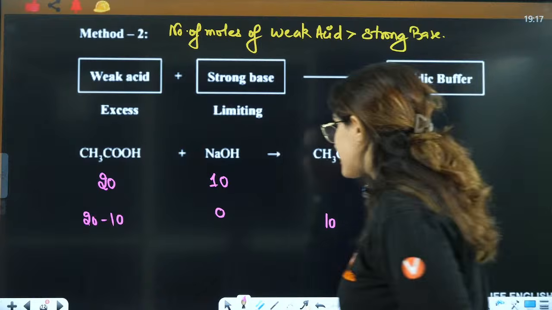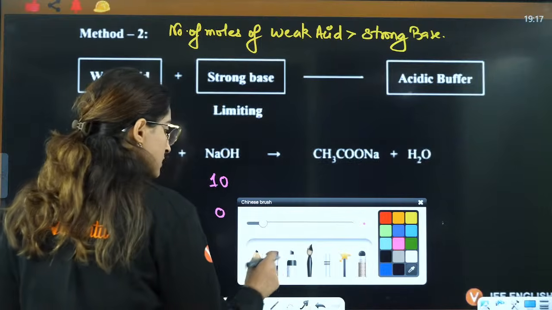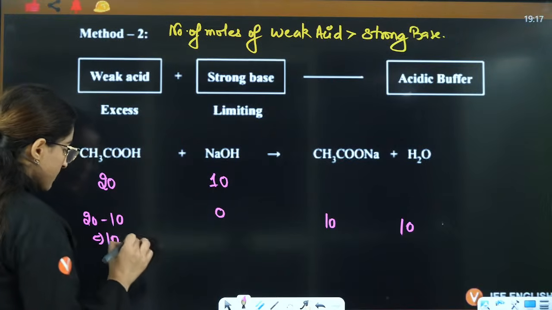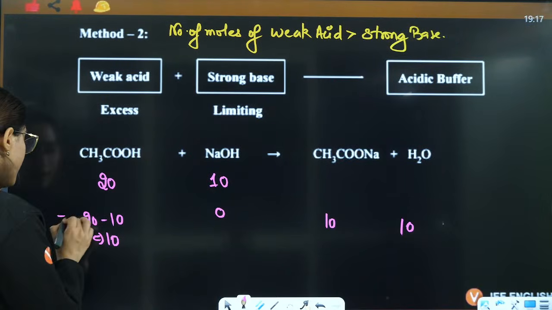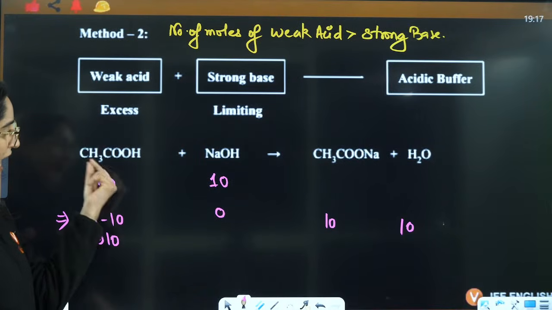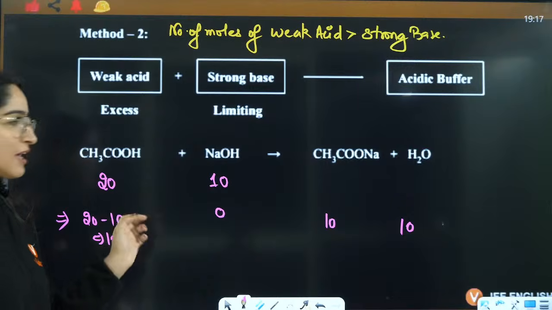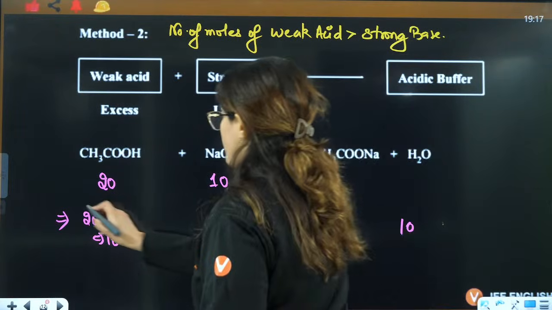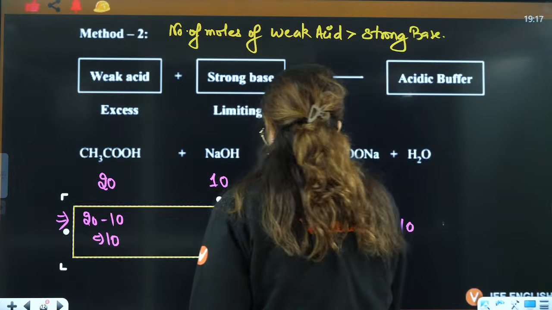That means after reacting, 20 minus 10 is nothing but 10 moles, because this is in excess.